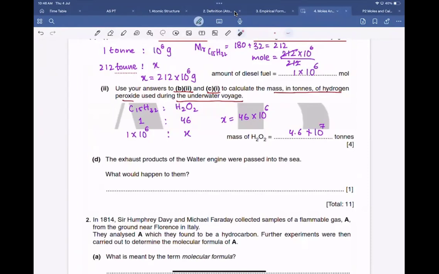We dissolve the carbon dioxide in it. So the most appropriate would be that it would dissolve because it's an acidic gas. It would dissolve in the sea. Is this clear?